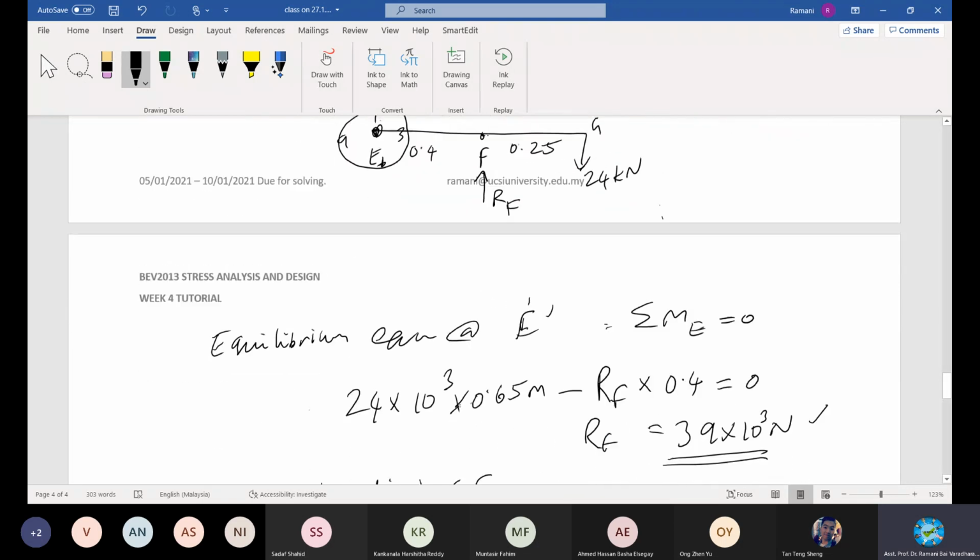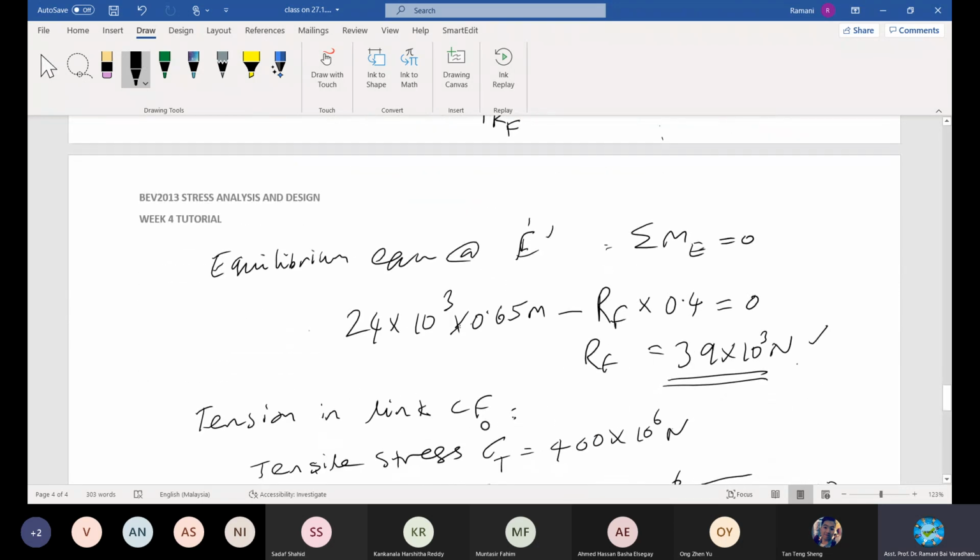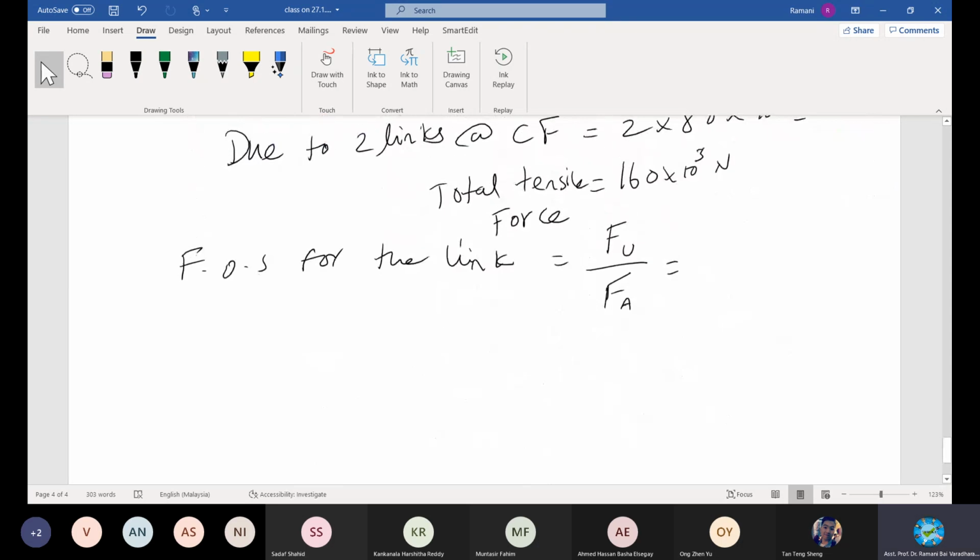This one. Where is this loading? This is the one. The reactive force that is to be borne by the member CF due to 24 kilonewton acting at the point. This is the reactive force, the designed force, allowable.